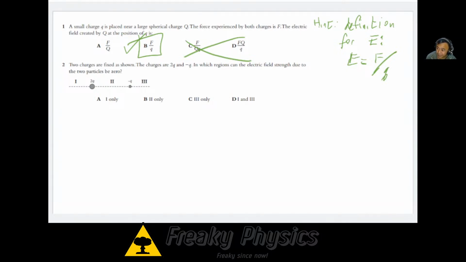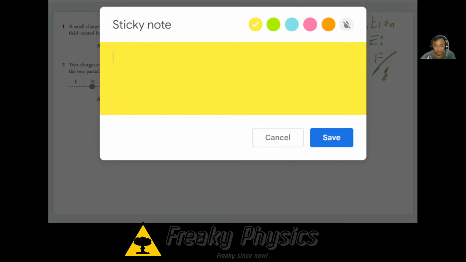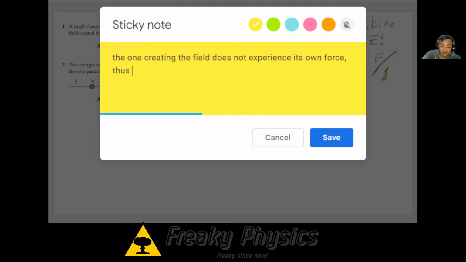So the one creating the field is not the one experiencing the force. That's one way for me to remember it. The one creating the field does not experience its own force, and thus cannot feel or experience its own electric field.